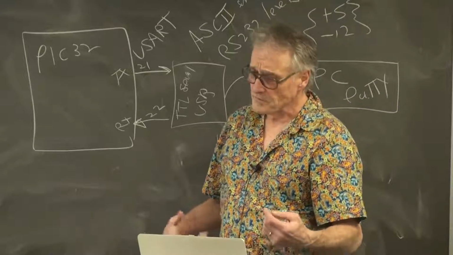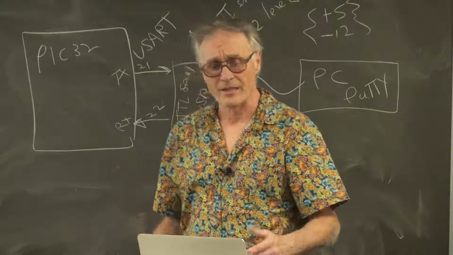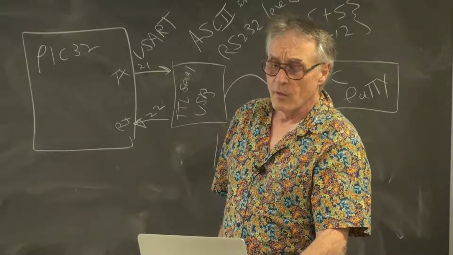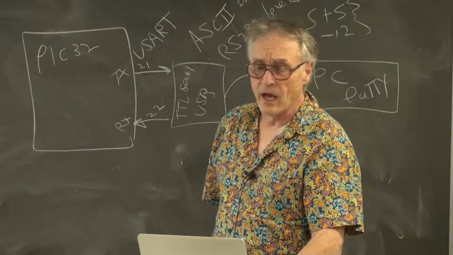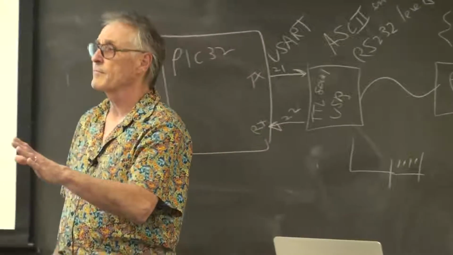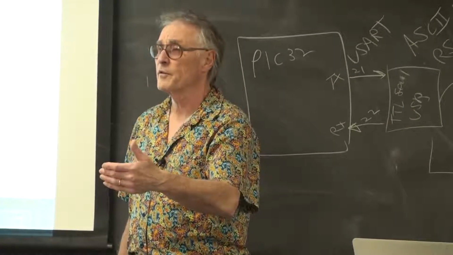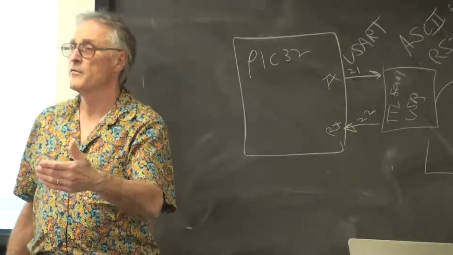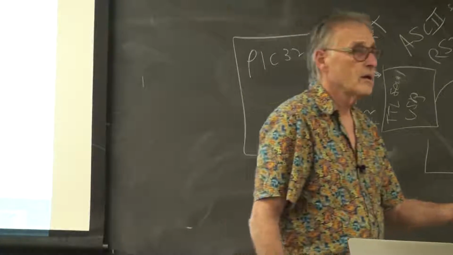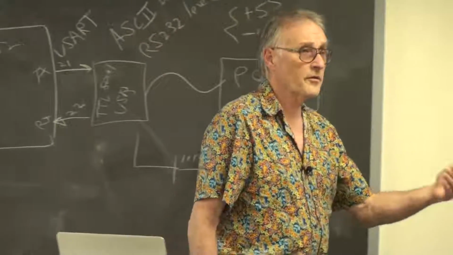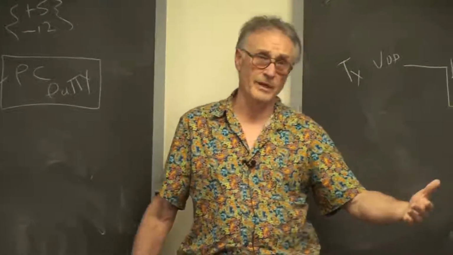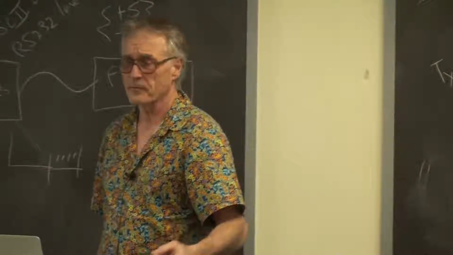So for a multitasking system, that's not appropriate. What we need to do is make the serial I/O non-blocking. So when it's waiting for the UART to receive a character, the thread has to yield to another thread so that it can go and do something useful while waiting for the user to do something.